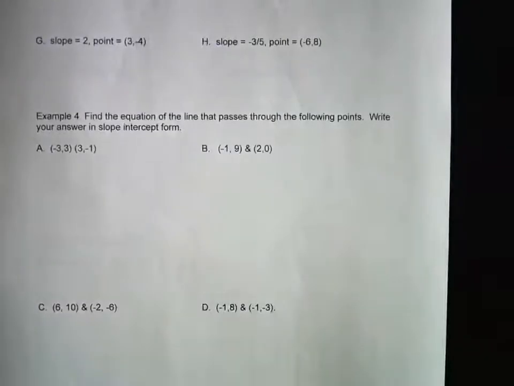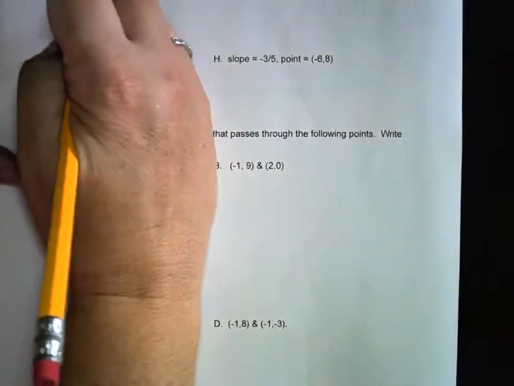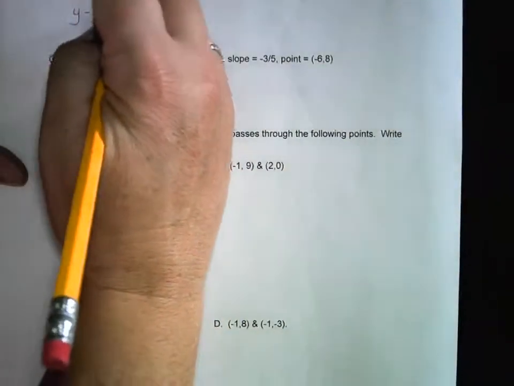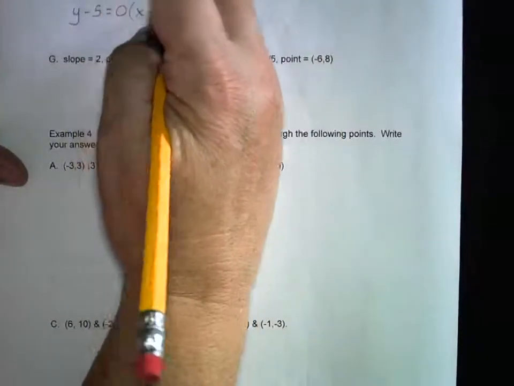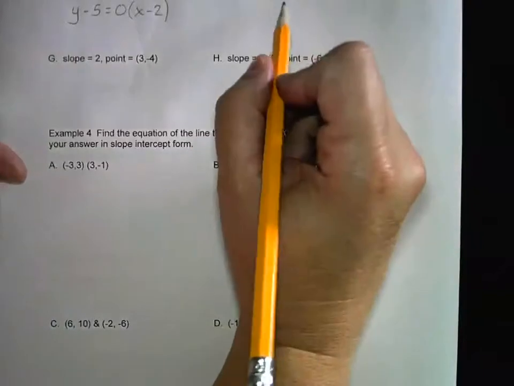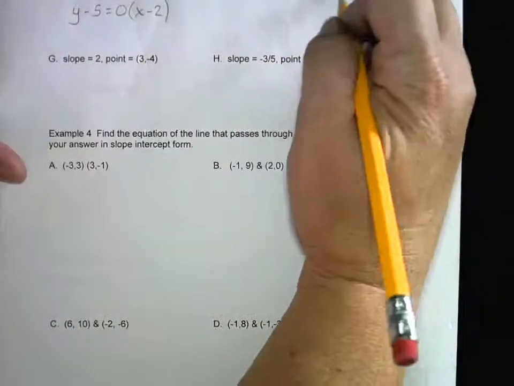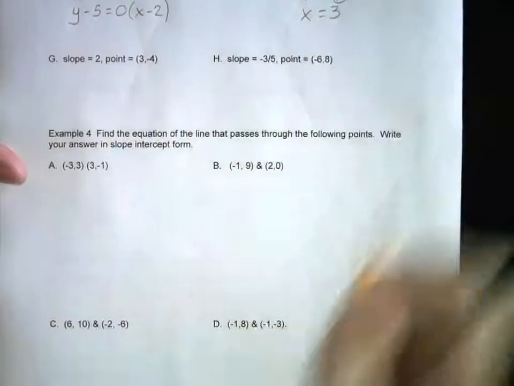Couple more examples here. That will become y minus 5 equals 0 times x minus 2. Whenever you have undefined, undefined means that your x is always going to be the same, and that will be the line x equals 3.